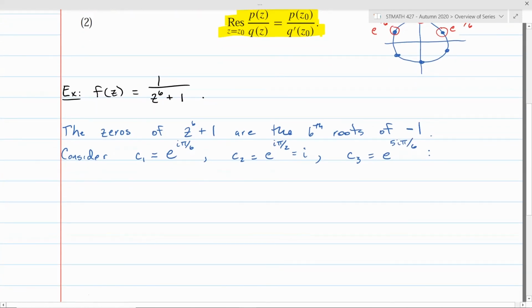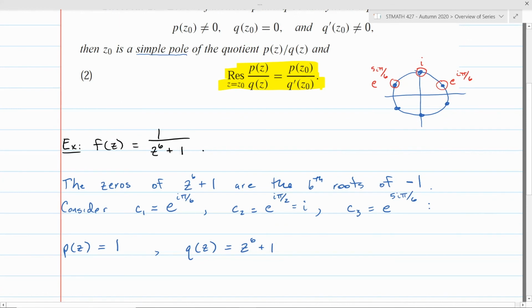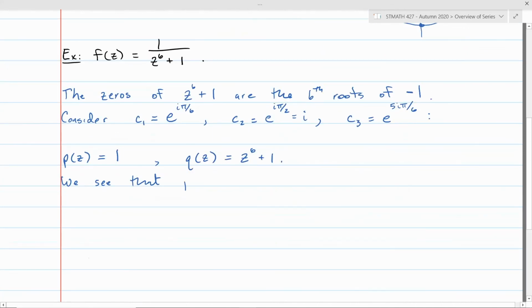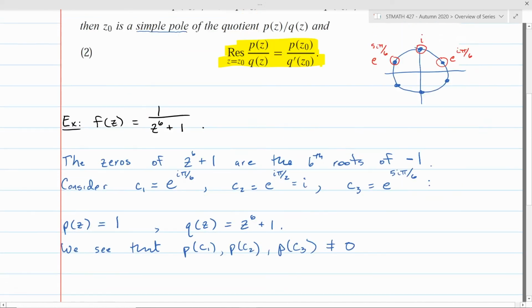First of all, in our setup here, p of z is just the function 1, and q of z, the denominator function, is z to the 6th plus 1. You can check that p of c1, p of c2, and p of c3 are all equal to 1 because it's a constant function. None of those are equal to 0, per the setup in the theorem.